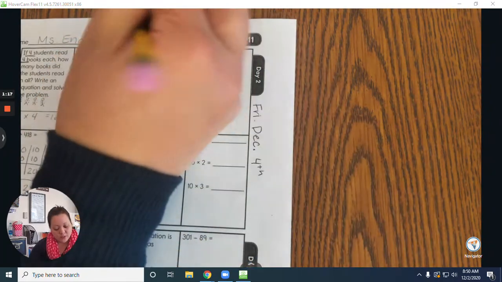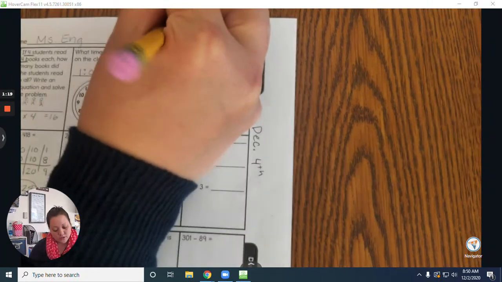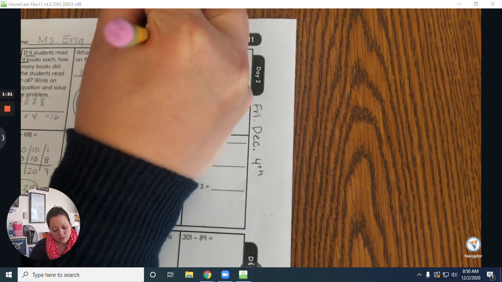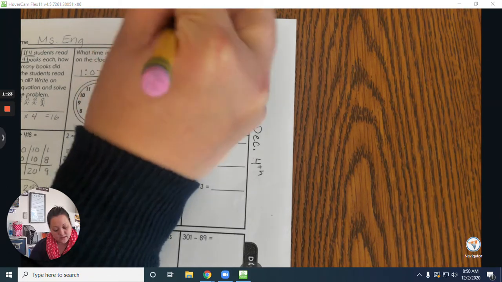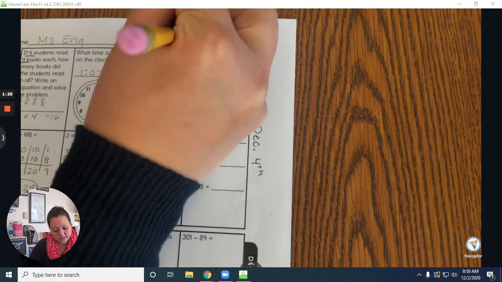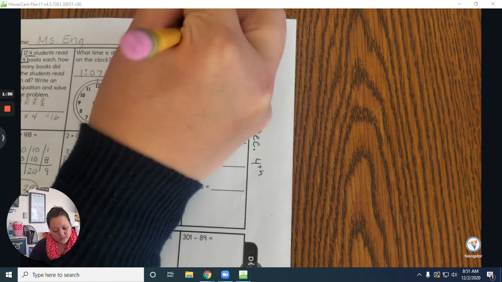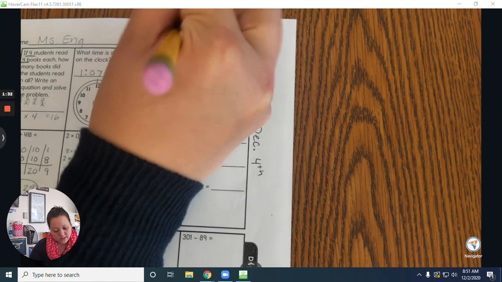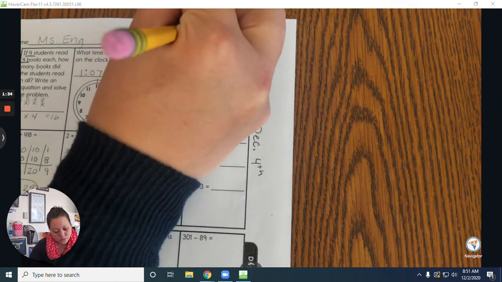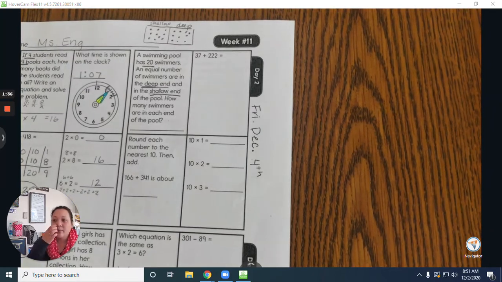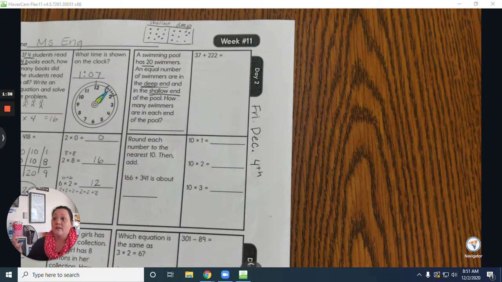Now there's a total of 20 swimmers, and there are 2 sections. Okay, so if I put 20, I could go 1, 2, 3, 4, 5, 6, 7, 8, 9, 10, 11, 12, 13, 14, 15, 16, 17, 18, 19, 20. So I divided my swimmers into 2 sections.